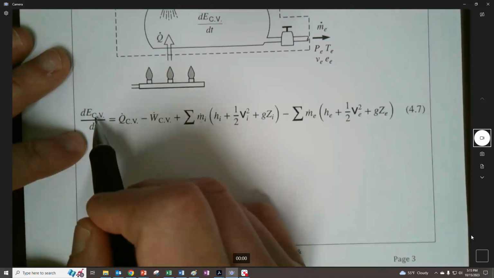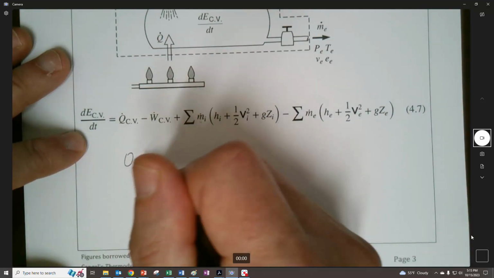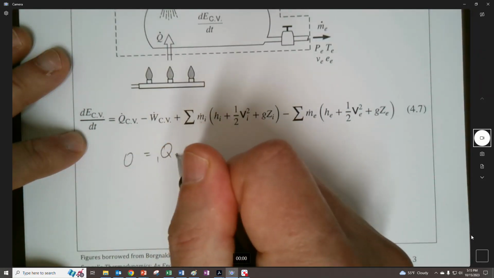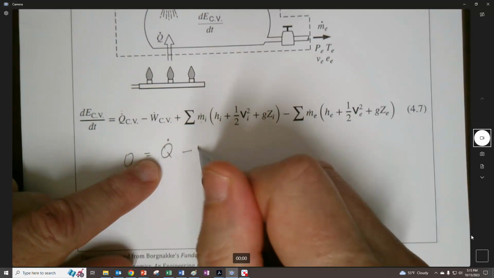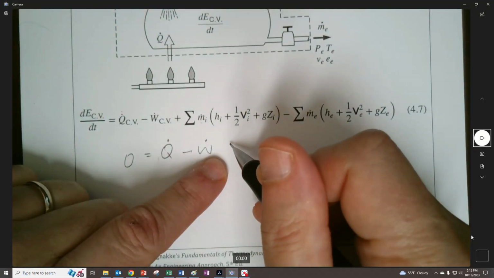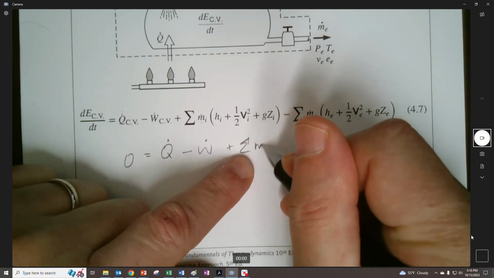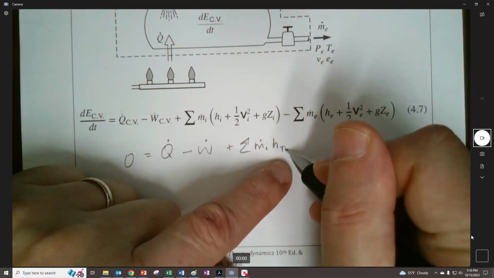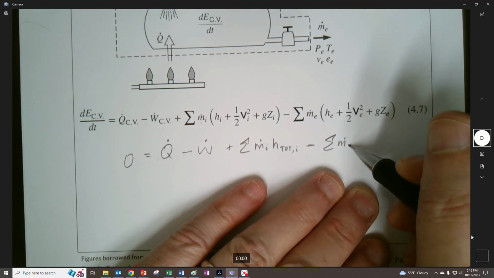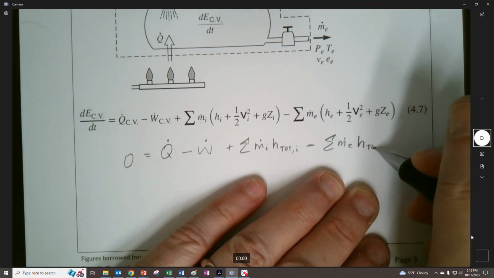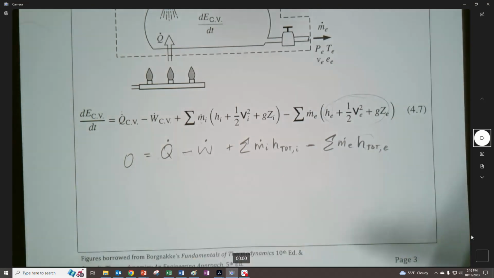So for the most part, I would want to write 0 is equal to Q dot, a rate, minus W dot, and then the summation of m dot in times h total in, minus the summation of m dot exit times h total exit.